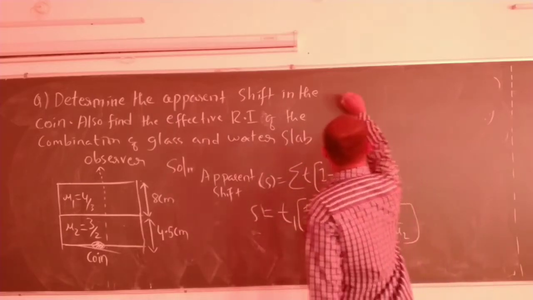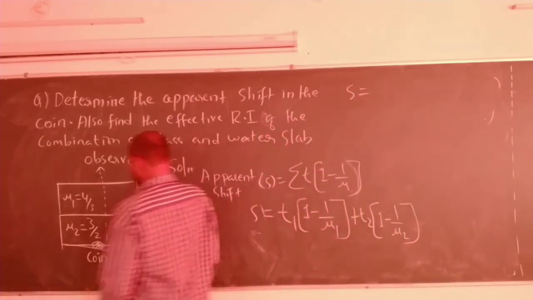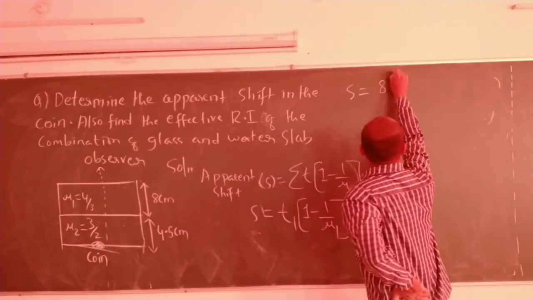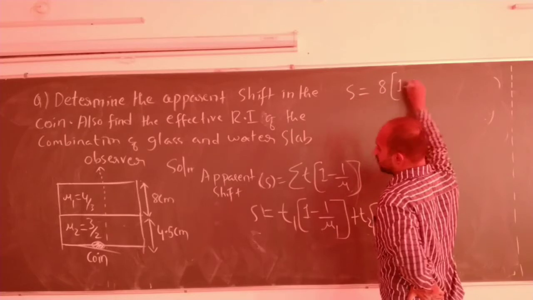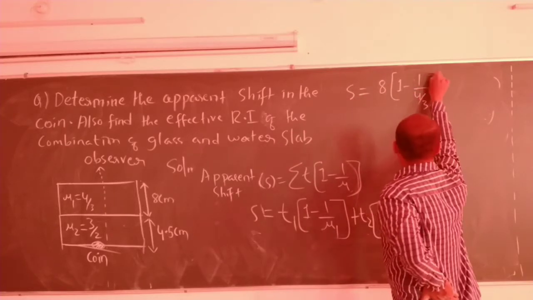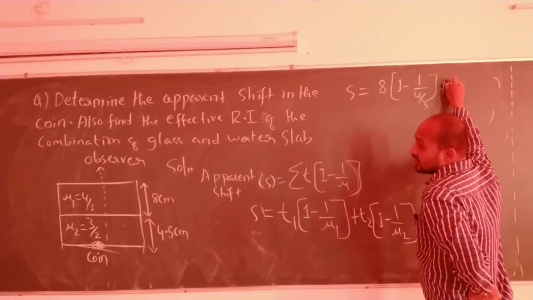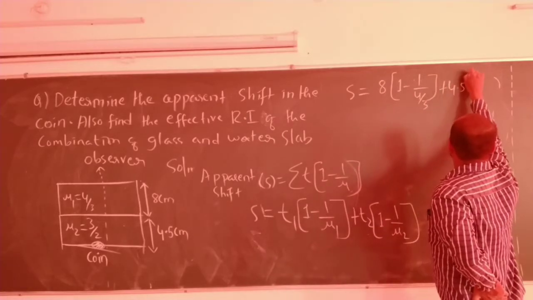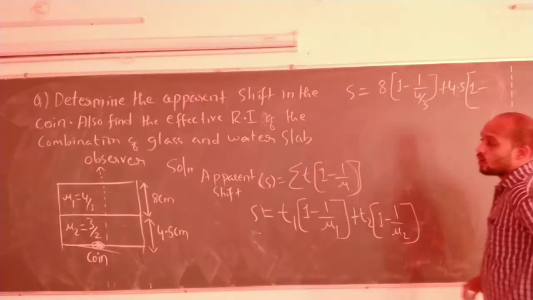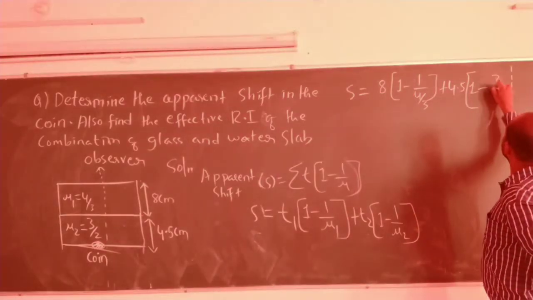So if I solve this, what is T1? 8 centimeter. So 8 into 1 minus 1 divided by 4 by 3, plus 4.5 into 1 minus 1 divided by 3 by 2.